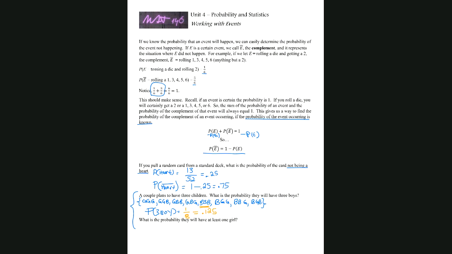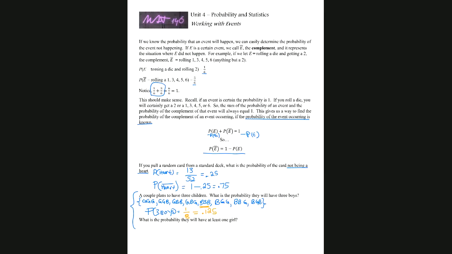So what is the probability that they will have at least one girl? Well, if you think about what three boys means, and that should say boys, what is another way to say three boys? If they're going to have three children and they're all three boys, what are they not having? Well, they're not having a girl, right?